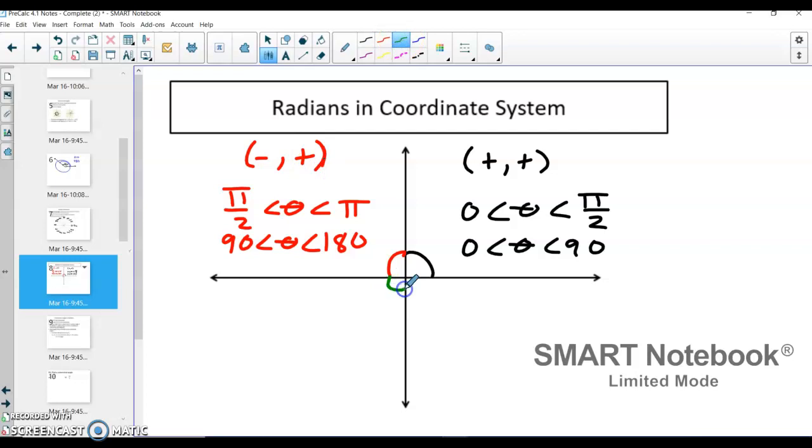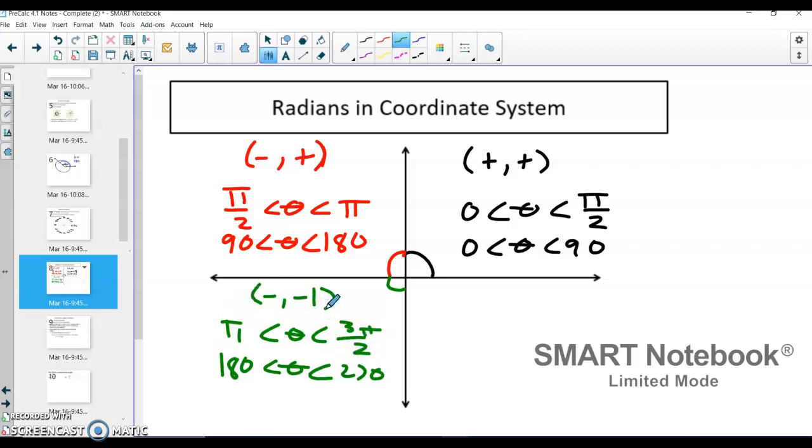On this side, theta is between 90 and 180, so that's pi over 2 less than theta less than pi. That's 90 and pi is 180, and that would be negative, positive. Here at the bottom, we're between 180 and 270, so that is pi less than theta less than 3 pi over 2. That's where we have negative, negative, because we're down in that third quadrant.